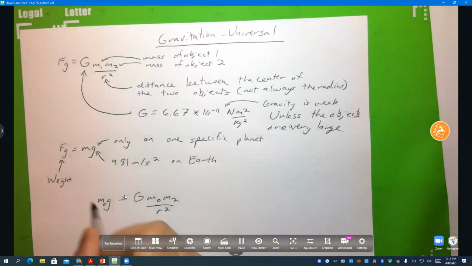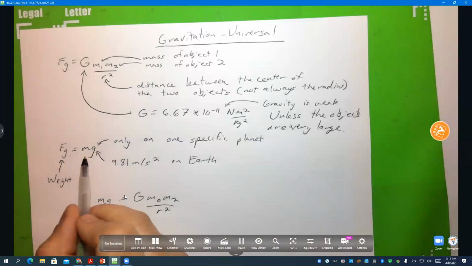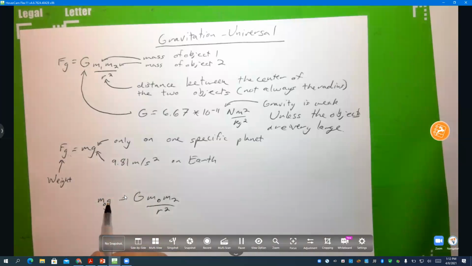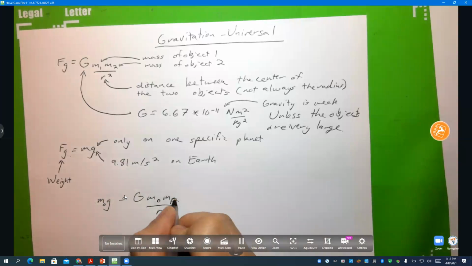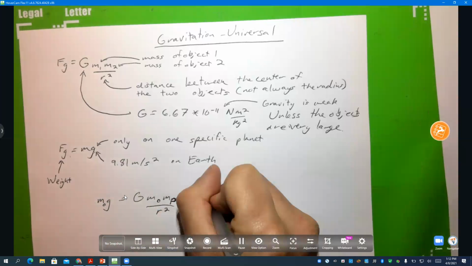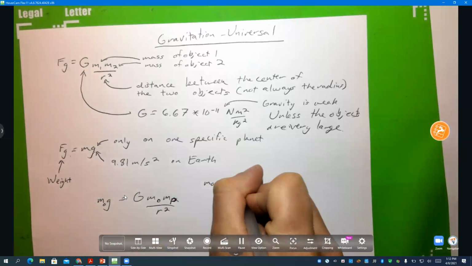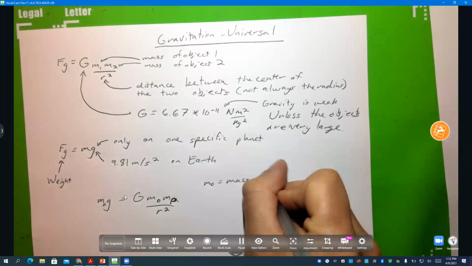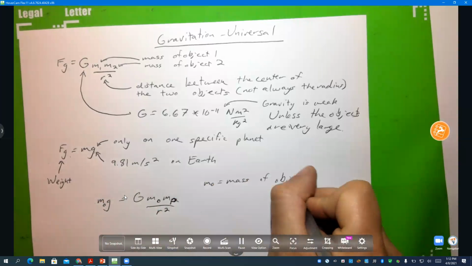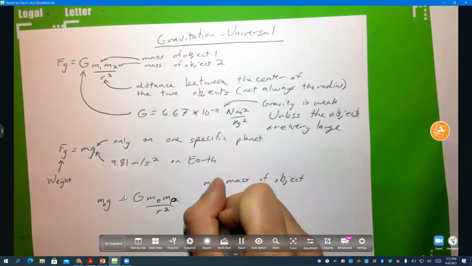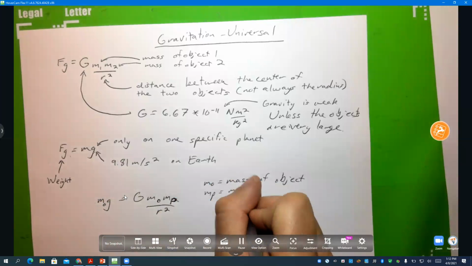If we want to define the mass of me, my weight on Earth, it would be the mass of the object. And then this would be the mass of, I'm going to call it like the planet, MP. So MO equals mass of object. And MP equals mass of planet.